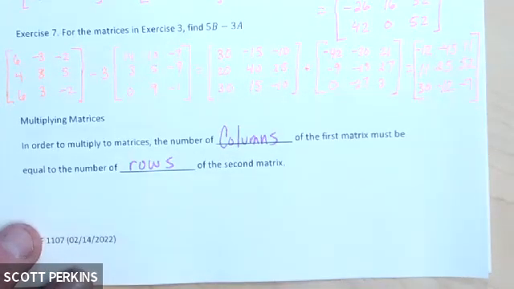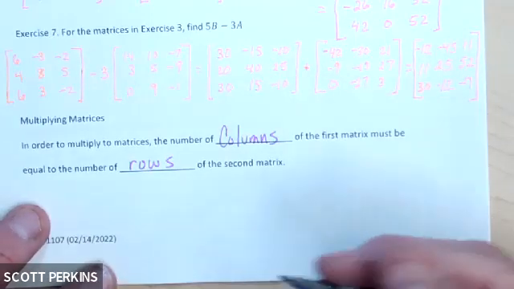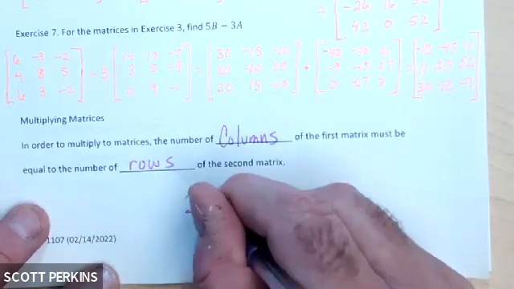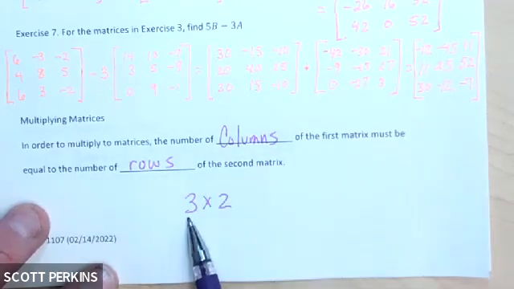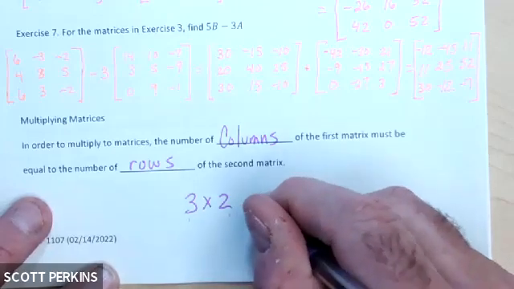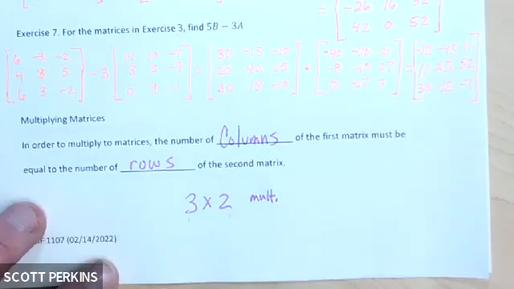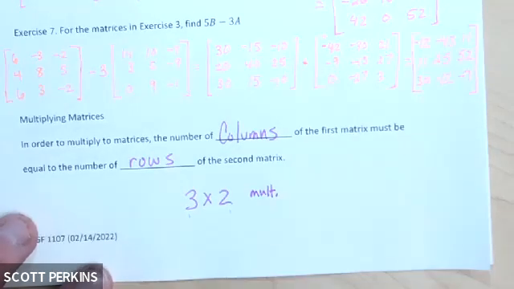So for instance, what that means is if I have a 3 by 2 matrix, remember that's 3 rows by 2 columns, and then I'm going to multiply that by, well, the next matrix has to have 2 rows.